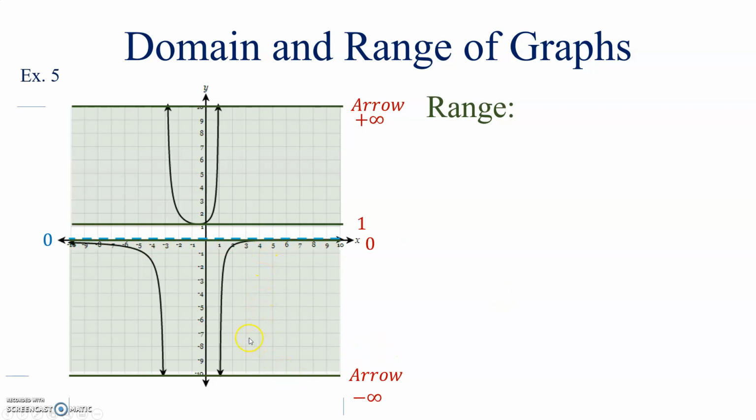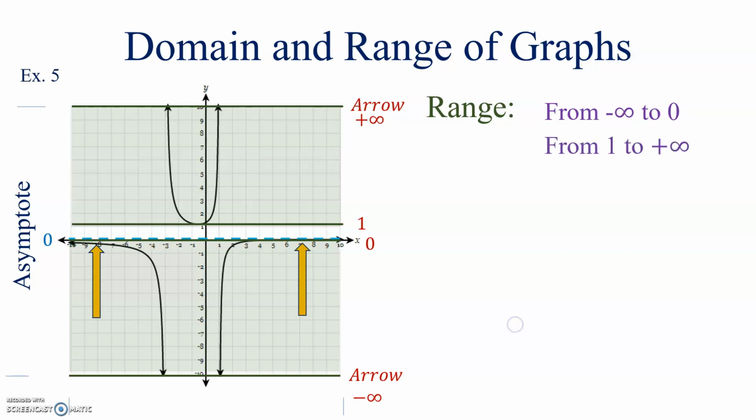So at the bottom section here, it goes as far down as negative infinity, but it goes as far up as 0, but never actually touches the 0 because it's another asymptote. So it goes up as far as that, as far as the 0. There's our asymptote. So the bottom region from negative infinity to 0, top region 1 to infinity.